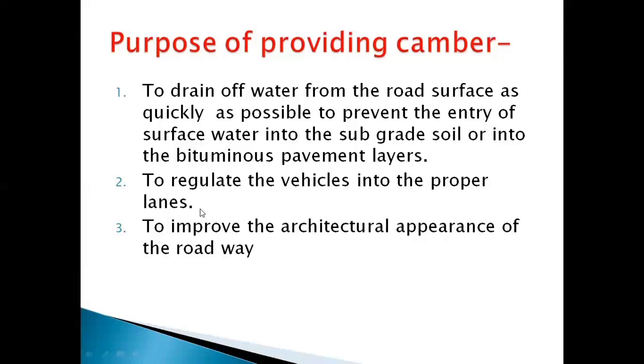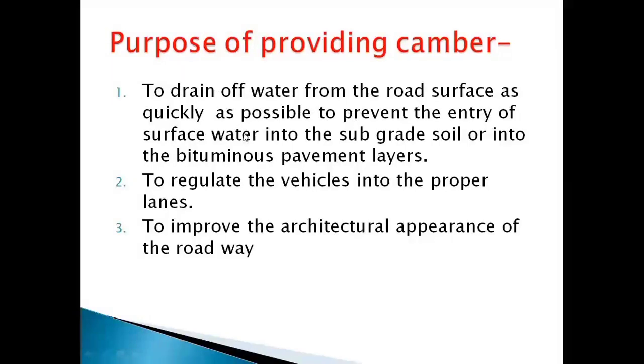Due to camber, the vehicles go into the proper lanes. Third, camber is provided to improve the architectural appearance of the roadway. Hope you all get the purpose of providing camber.